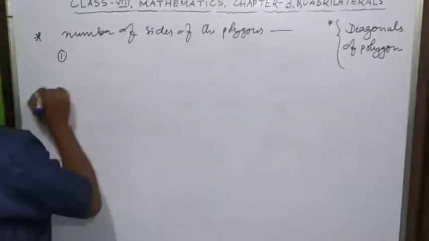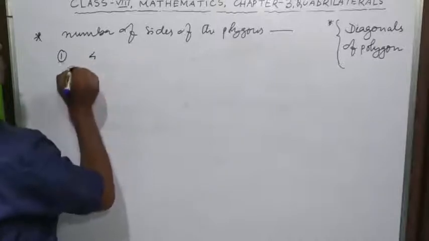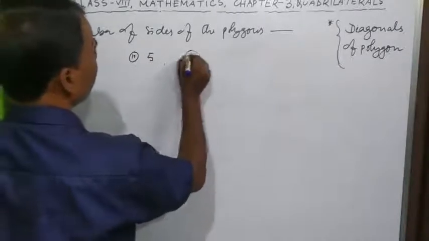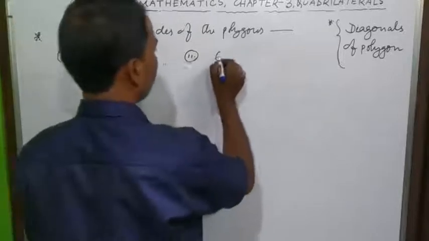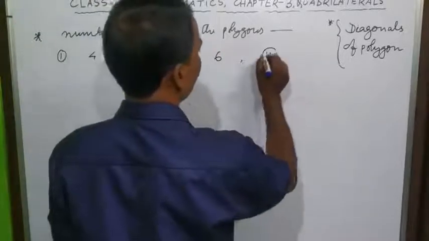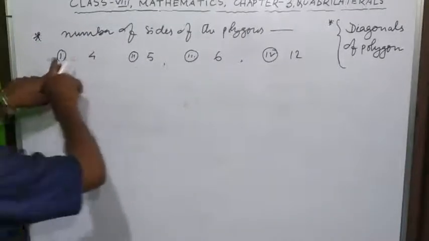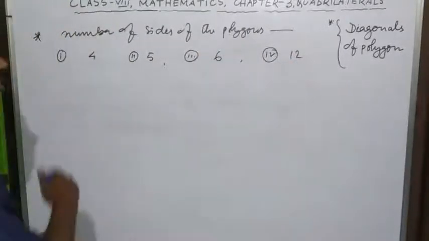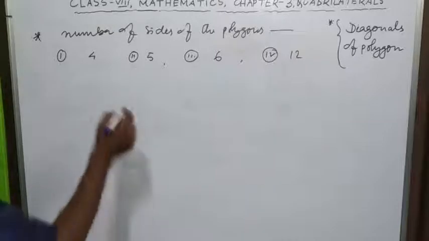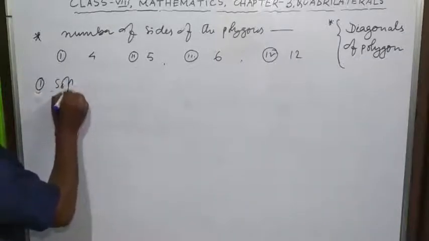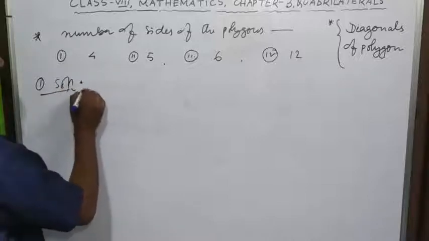Suppose here number 1, 4 sides; number 2, 5 sides; number 3, 6 sides; number 4, say 12 sides. So these are the number of sides of the polygons. Now we have to find the diagonals. For this question, you please remember and be attentive.